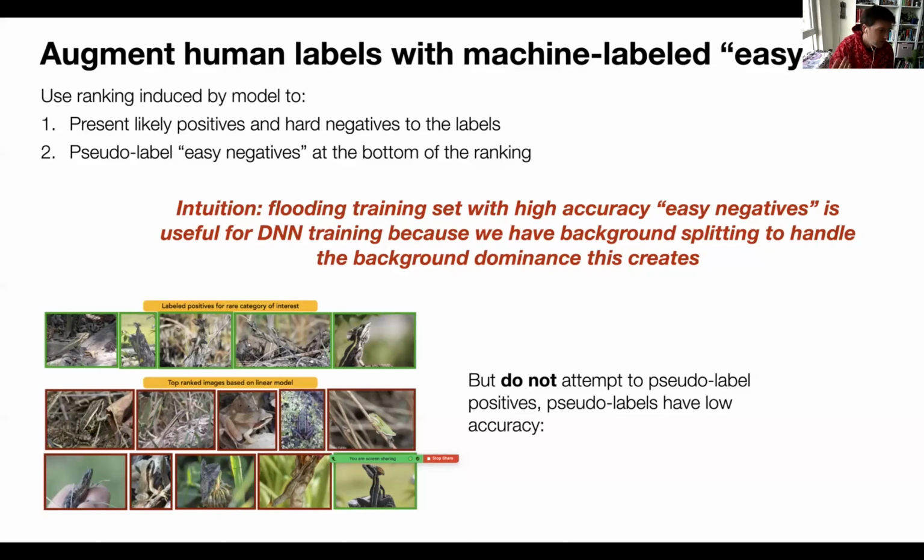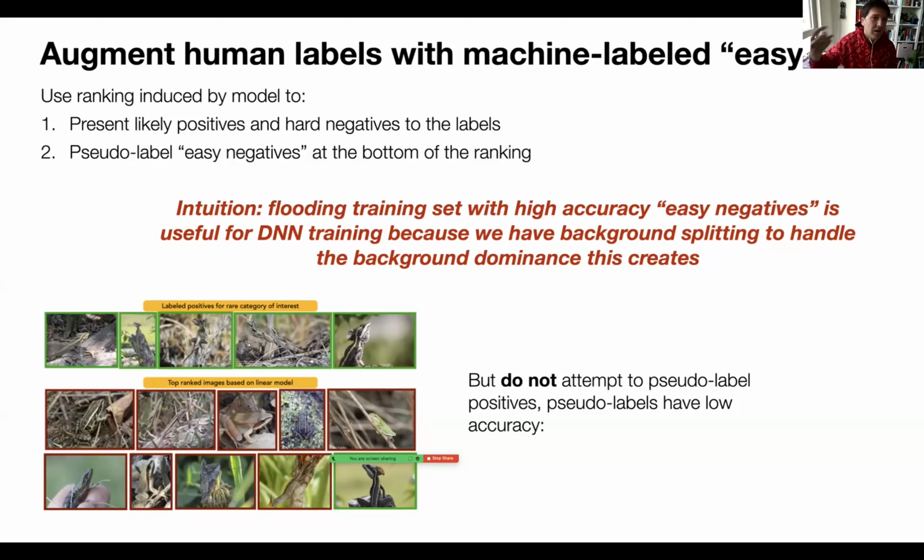So we use techniques like KNN or simple linear models to surface hard negatives and likely positives for the human to verify and label. These models are not very good, their precision is terrible, but their ranking of the images is good enough to say that the bottom of that ranking is clearly negatives.